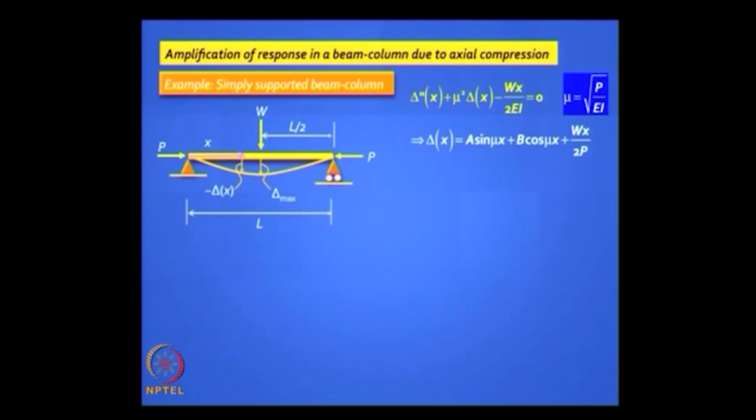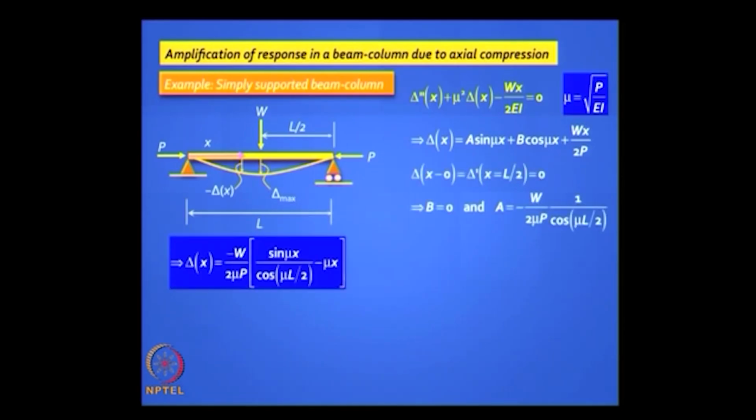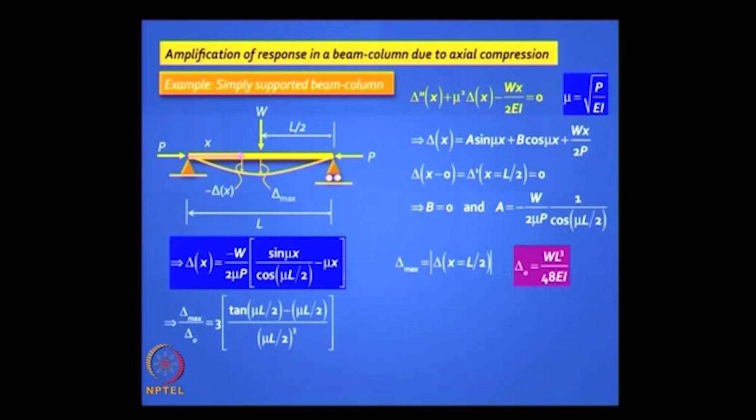So you can write the equation, solve that equation, put the boundary conditions, write an expression for delta, find out the maximum value at the midspan. Let us normalize it with the static deflection for a non-slender case. So delta naught is W L cube by 48 EI. So if I take that ratio, delta max by delta naught, and I simplify, how do I simplify a tan function? I expand it in a series.